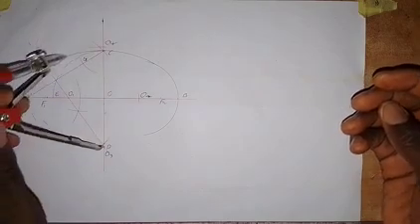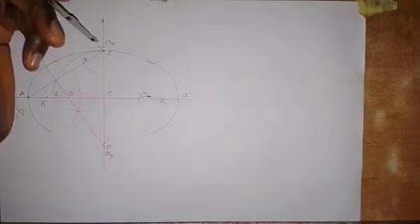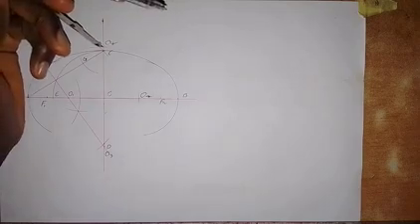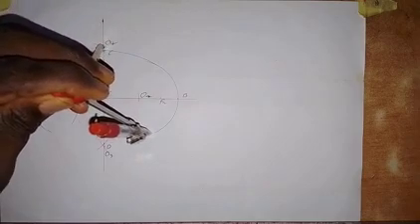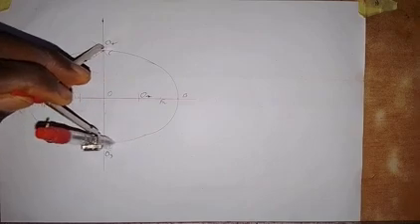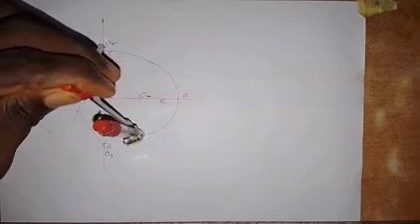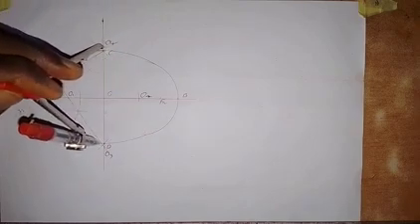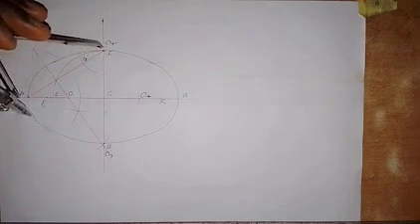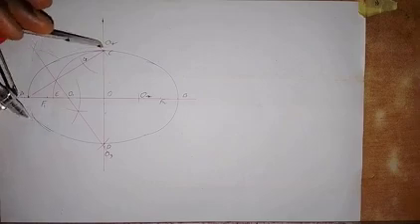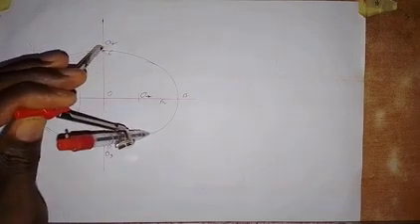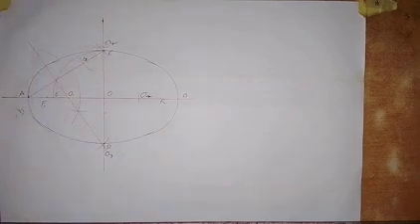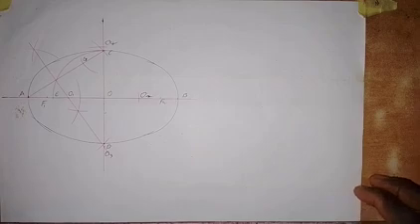Then I put it at O4, which is this point, and it goes like this, passing through point D, and it also goes like this. So this is how the ellipse will look, as simple as I've done it here.